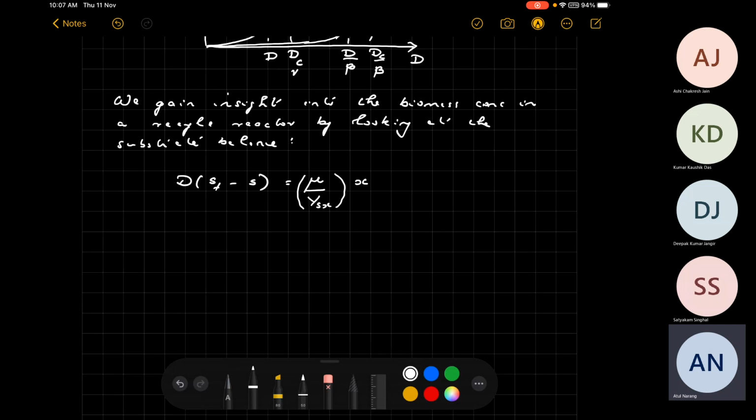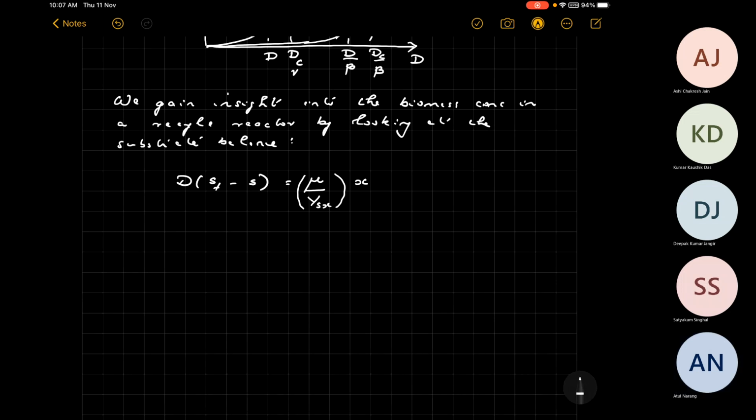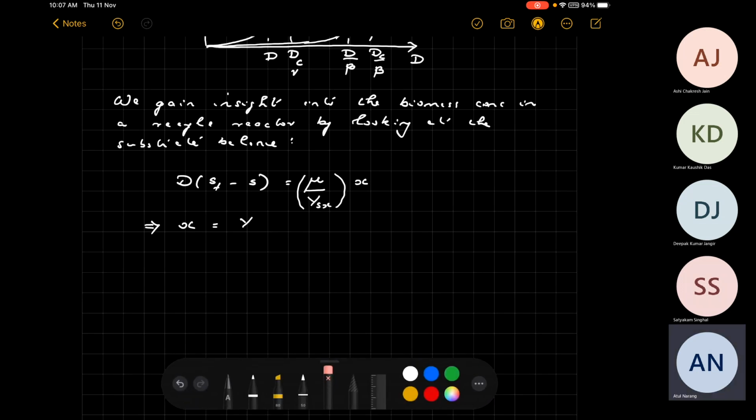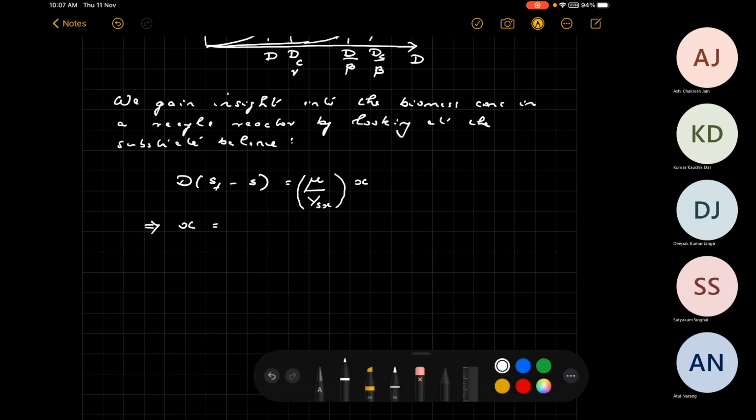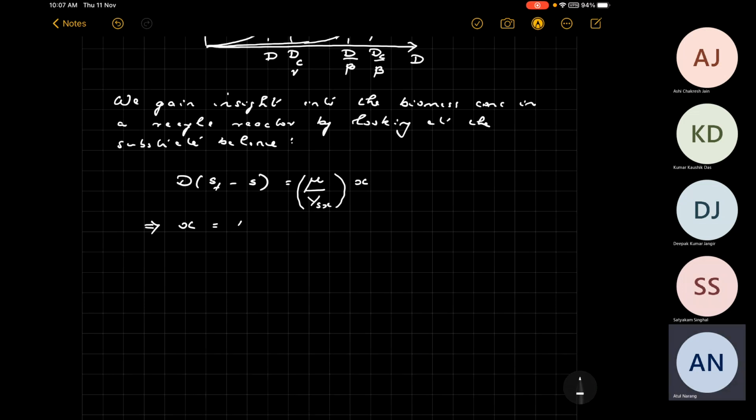Now here you have to be a little bit careful. Why? Because this can easily be written as X equals D divided by mu, multiplied by YSX multiplied by (SF minus S).